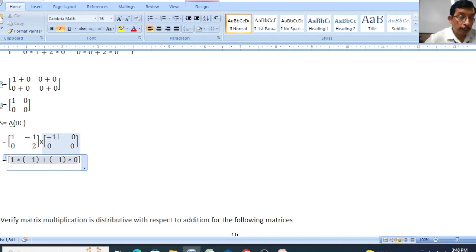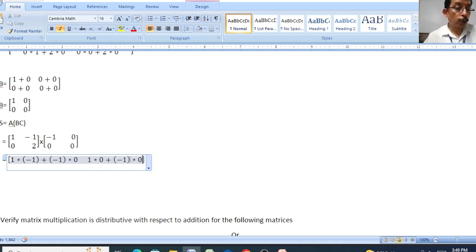Now second column is remaining of second matrix, then the first row is multiplied by the second column, then we receive the first row second column element of LHS side. 1 is multiplied by first element 0, that is 0, plus second element -1 is multiplied by 0. Then we receive the first row second column element.